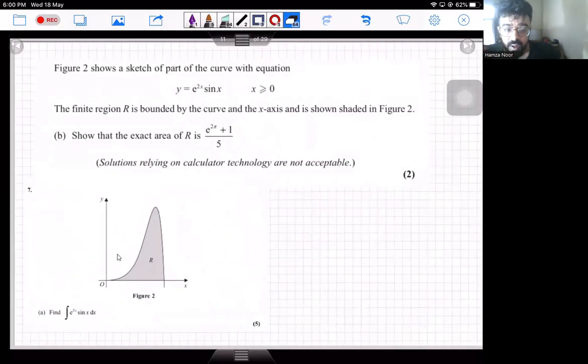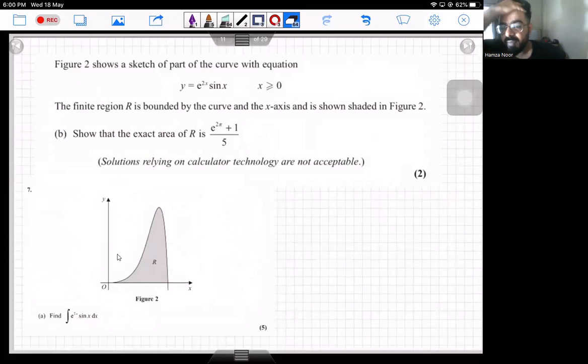It shows a sketch of part of the curve with equation y equals e raised to the power 2x multiplied by sine x, where x is greater than or equal to 0. The finite region R is bounded by the curve and the x-axis, and is shown shaded in figure 2. Show that the exact area of R is e raised to the power 2 pi plus 1 completely over 5.